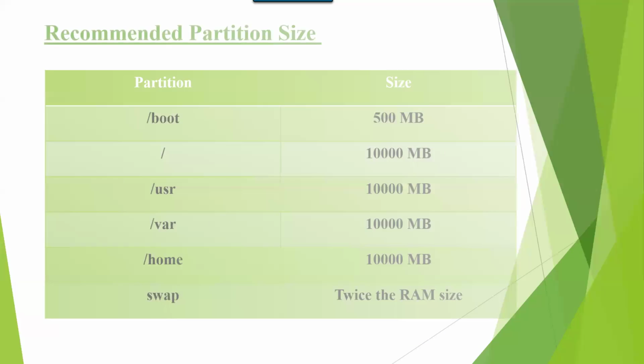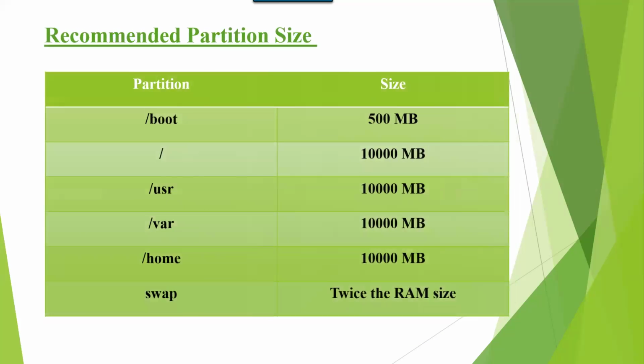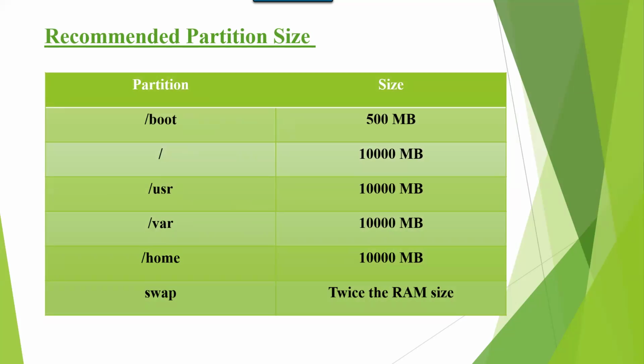And these are the recommended partitions and their sizes in the Linux operating system. In yesterday's session, we discussed the directories, right? And these are the recommended partitions and sizes. Okay, these are recommended only, not compulsory.